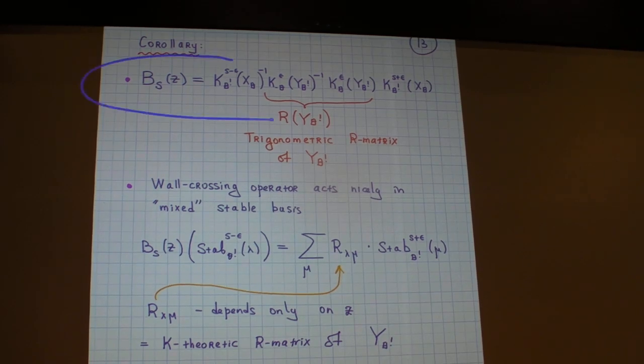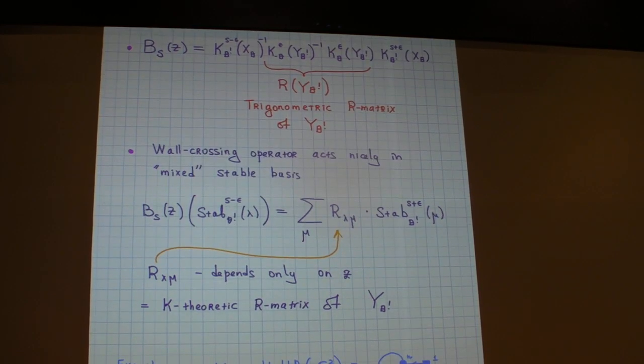So this formula is written in the basis of fixed points, so to say. And now if you write it in the basis of stable envelopes, basically you need just to conjugate by these matrices here, you can formulate the following interesting theorem. If you act by the wall crossing operator in the basis of K-theoretic stable envelopes, but you need to do it carefully, you take K-theoretic stable envelopes for the slope right before the wall, so S minus epsilon.